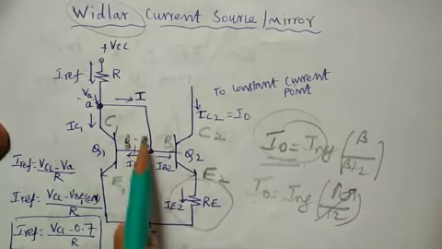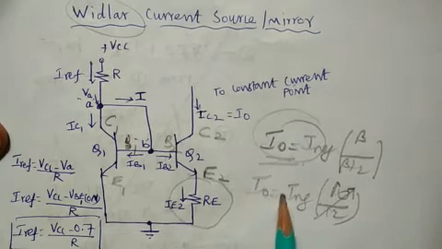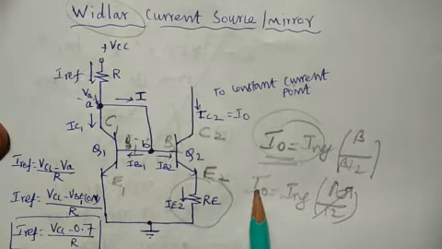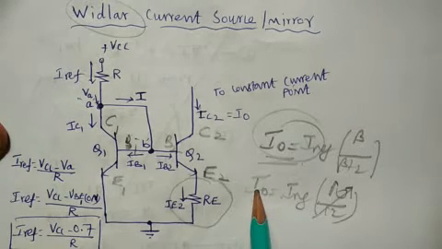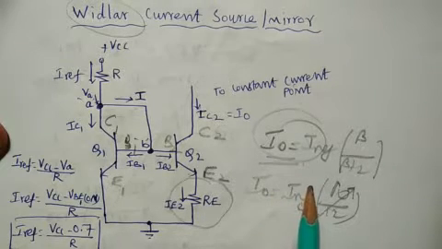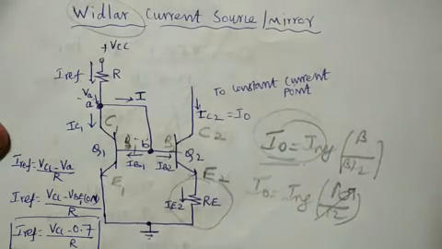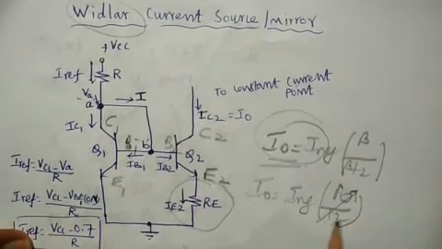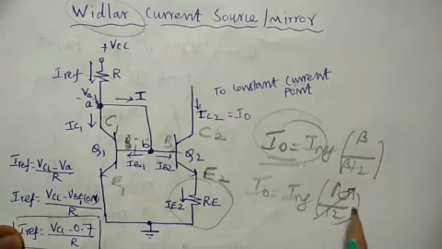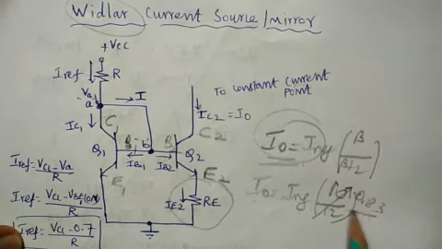So for lower beta of transistors, we cannot produce the same current as constant current in the output side as compared to the current at the input, I reference. Here, if you find this ratio, it will be around 0.83.